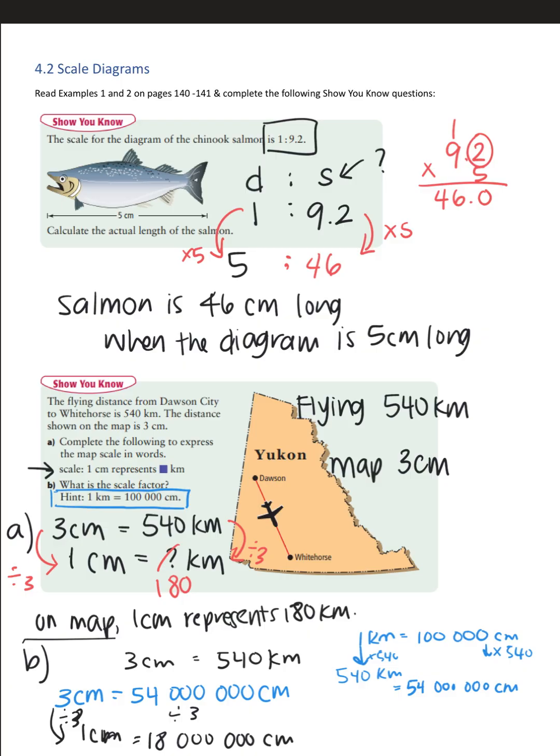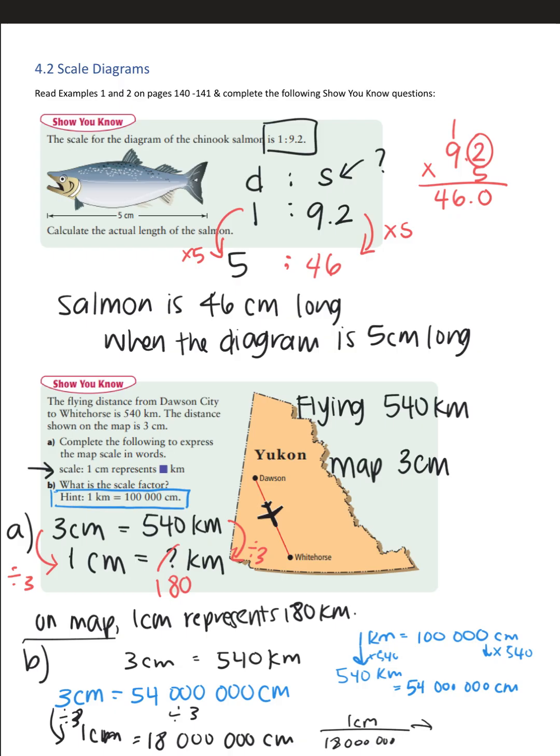And then lastly, because it asked for scale factor, we want to recognize that we are going to take our new, which in this case is the map, right? We want to recognize that the original is the flying distance and the map is the scaled copy, the reduction. So we're going to take the map, which is the 1 centimeter. We're going to divide it by the 18 million centimeters.